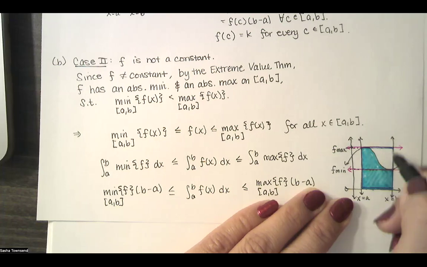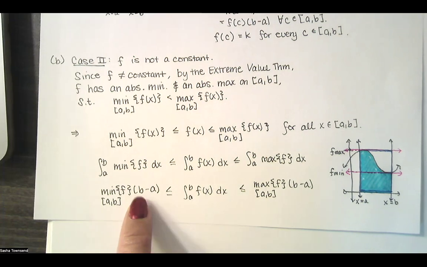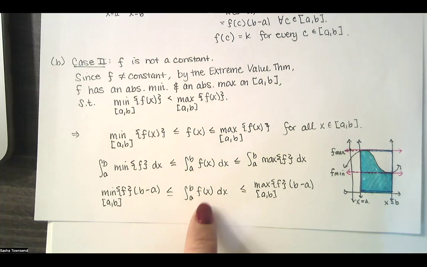This area is greater than that blue area that I've shaded in. So we're saying the area of this smaller rectangle is less than the blue area, and the area of the larger rectangle is greater than the blue area. So the area under the curve is squeezed in between those two values. And now if you want to, you can divide all three parts by b minus a, and then you'll have that average value in the middle.